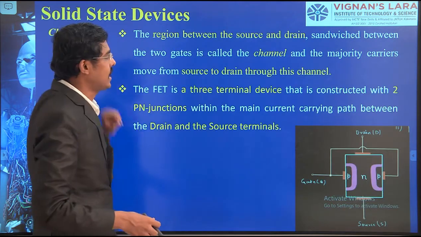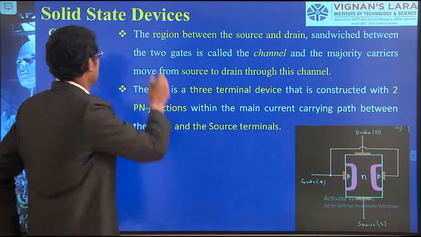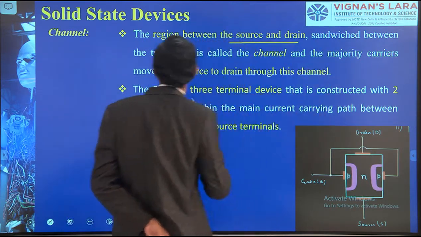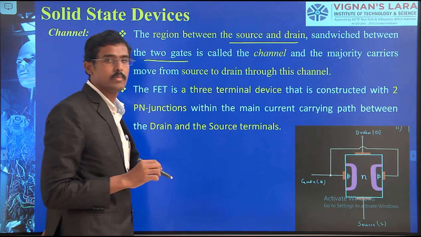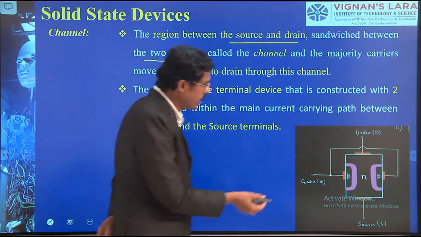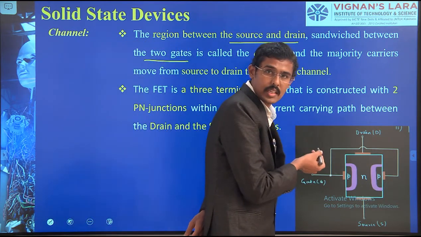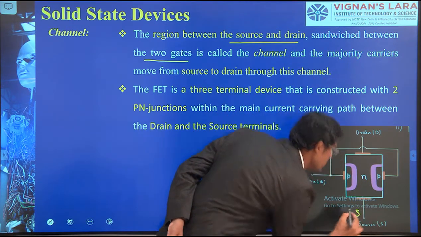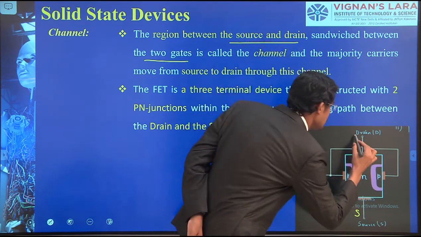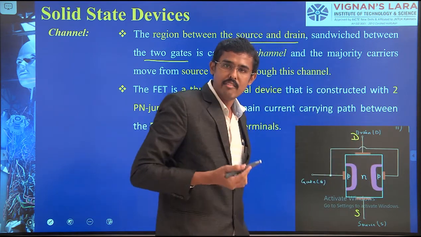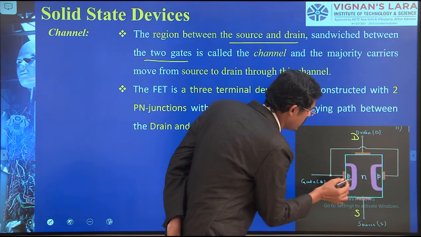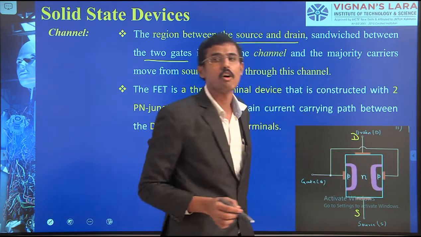What is the channel? The region between the source and the drain, sandwiched between the two gates. So here you see in this image, please understand. Here we have the source region, and this is the drain region, and we have formed PNP between this gating system. So here the PNP is formed.